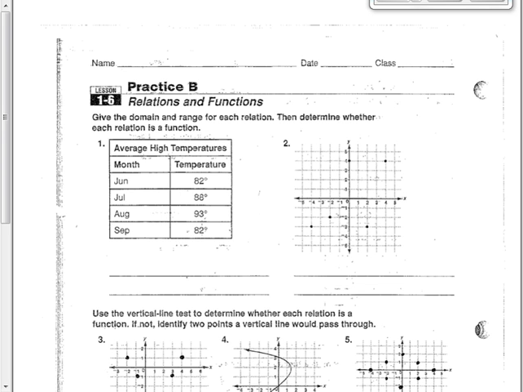Well, in order to be a function, we have to see that each domain has only one, spell it out, one range. And what that means, in terms of other ways to say it, each domain, each x value has only one y value.